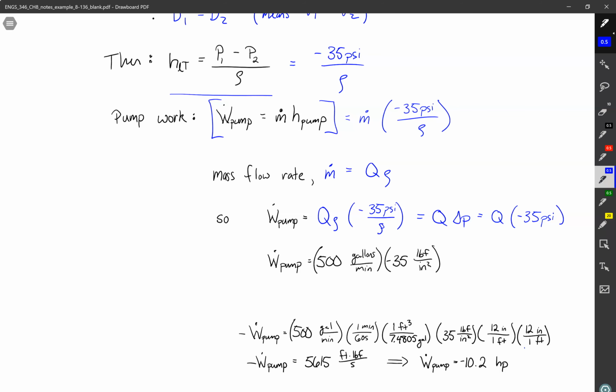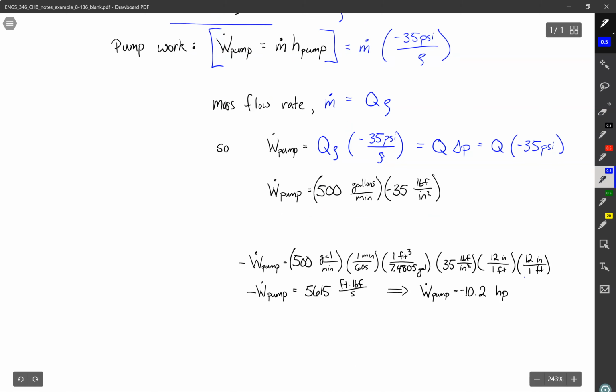Now we have a little bit of a challenge with the units. We have gallons per minute, and we have pounds force per inch squared. So we want to change the units a little bit to get the right kinds of units. We want cubic feet per second. And if we're going to be using feet, let's get this in feet as well.